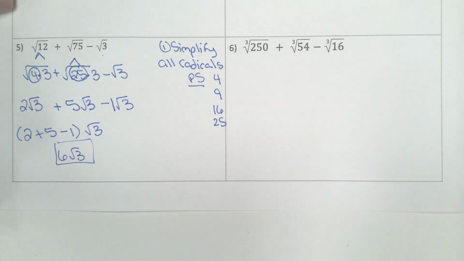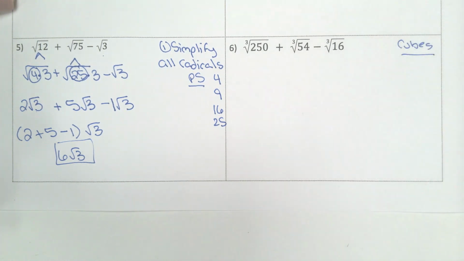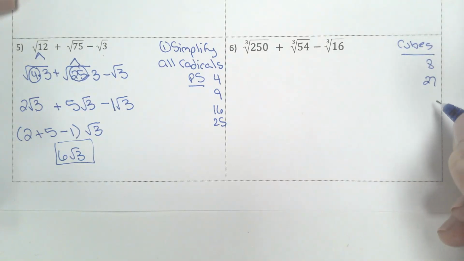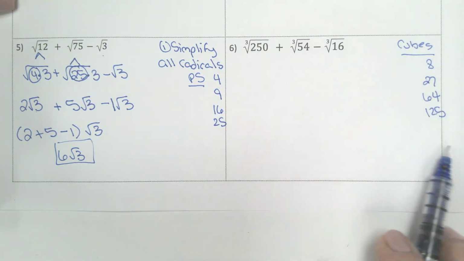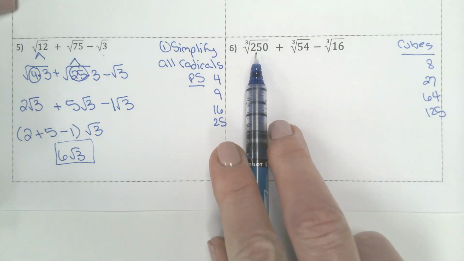Number 6 is the same thing, but you got to be careful because now we are talking about cube roots. So I'm going to list out my perfect cubes. They are 8, 27, 64, 125. So I took it all the way out to 125, mainly because I saw a big number right here.